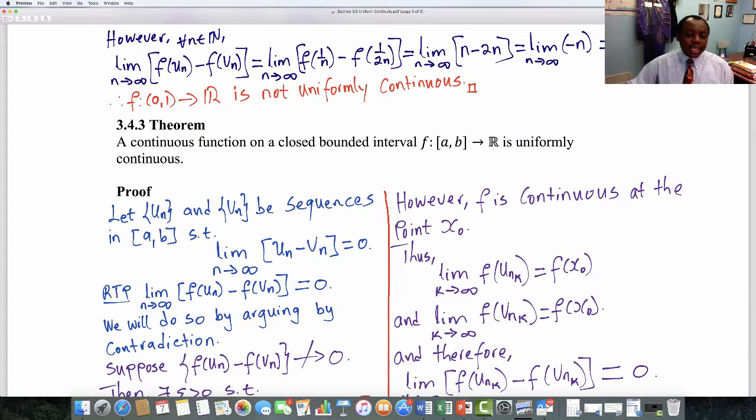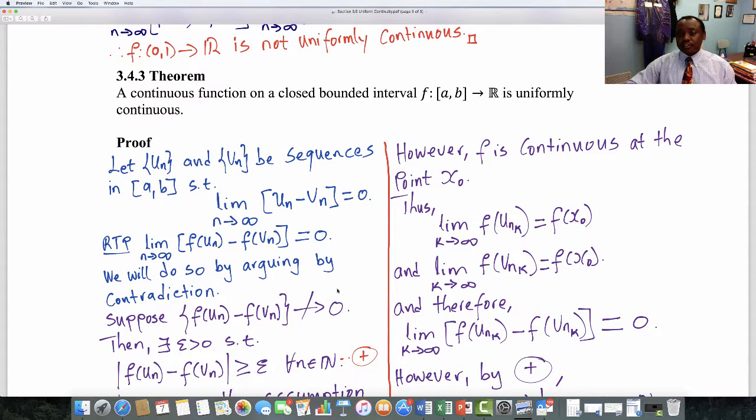Proof. Let u_n and v_n be sequences in the closed bounded interval [a, b] such that the limit as n approaches infinity of u_n minus v_n is 0. Required to prove that the limit as n approaches infinity of f(u_n) minus f(v_n) equals 0. Let's go ahead and start the argument. We would use proof by contradiction.